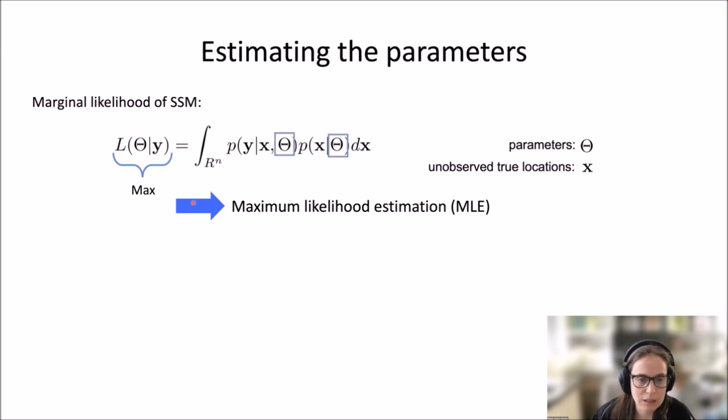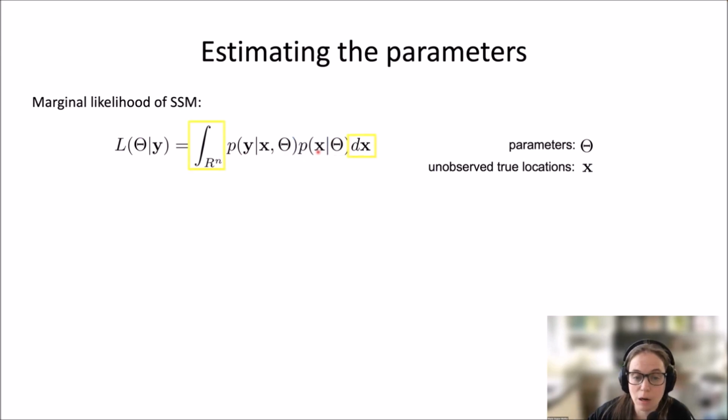The issue with state space models is that we don't have the underlying true state, right? We only have the observation. And to be able to deal with the fact that we don't have these states, we have to integrate them all out, right? So we do this high dimensional integral to integrate out the states.